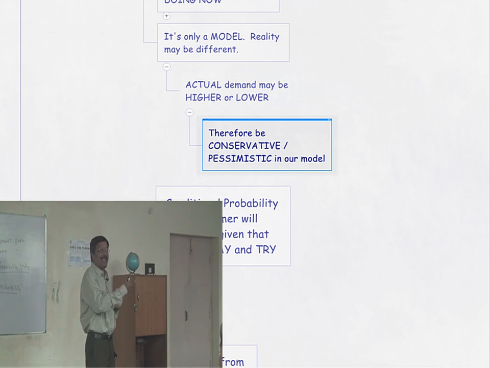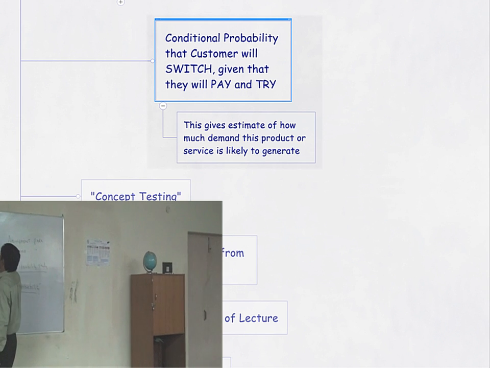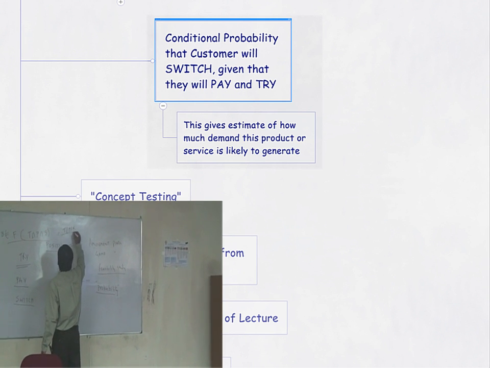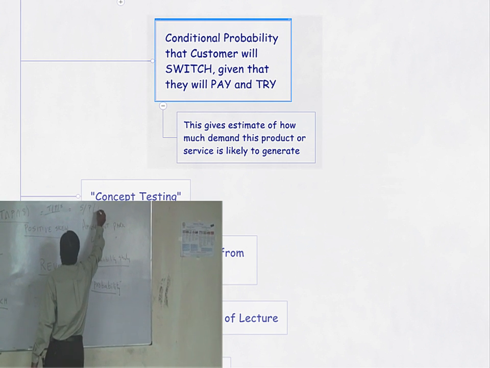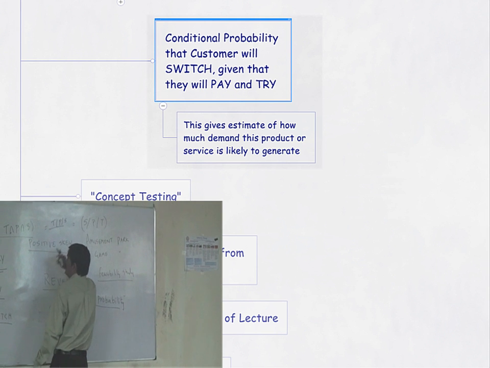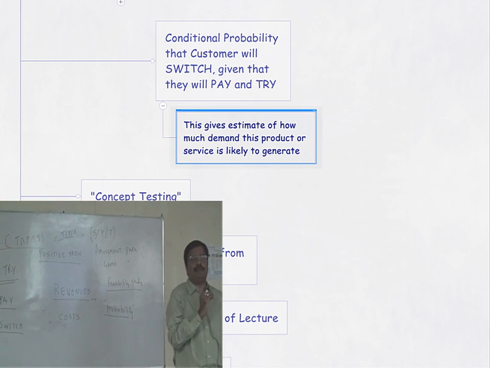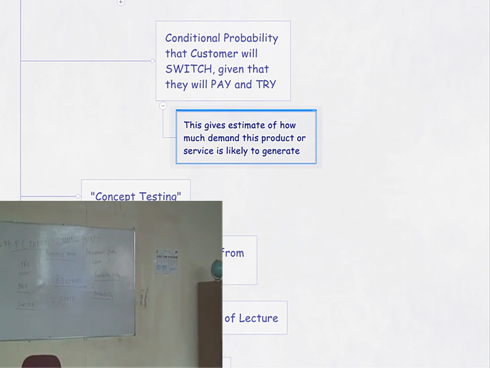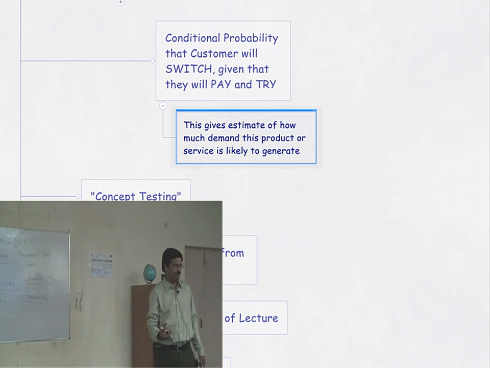And then look at pay, try, pay and switch. It's actually a conditional probability: switch, given that you will pay, given that you will try. So demand is nothing but estimating the conditional probability of somebody switching to your product from a competitor, given that he is willing to pay for the product and given that he is willing to try the product.